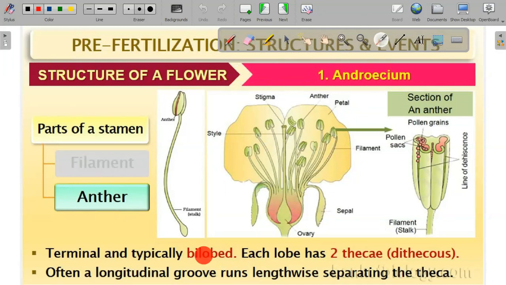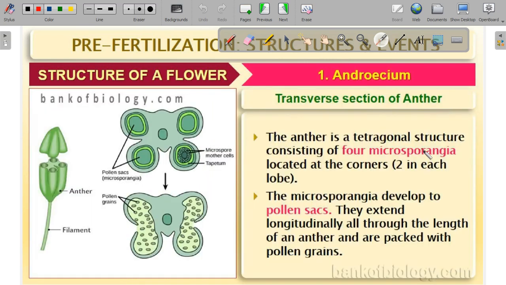The terminal end is a bilobed anther with two theca, so it is called dithecous. Each theca, when you look at the young stage, has the microsporangium or pollen sac.